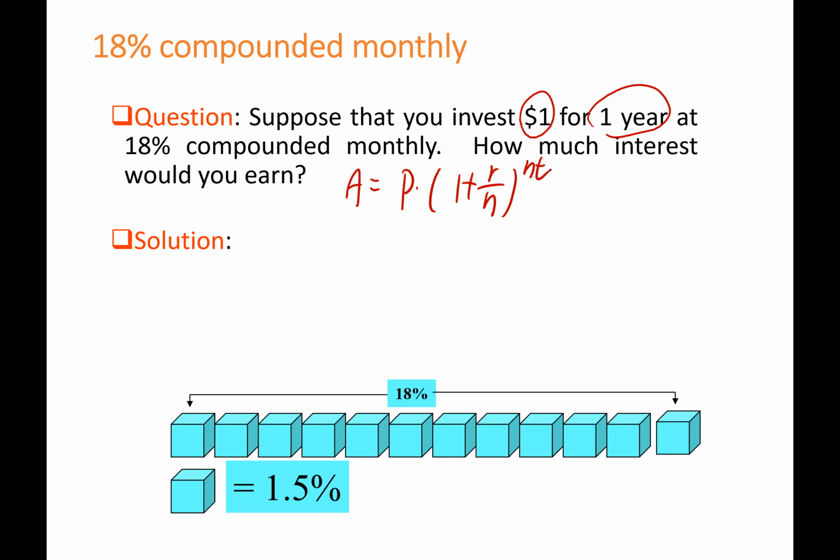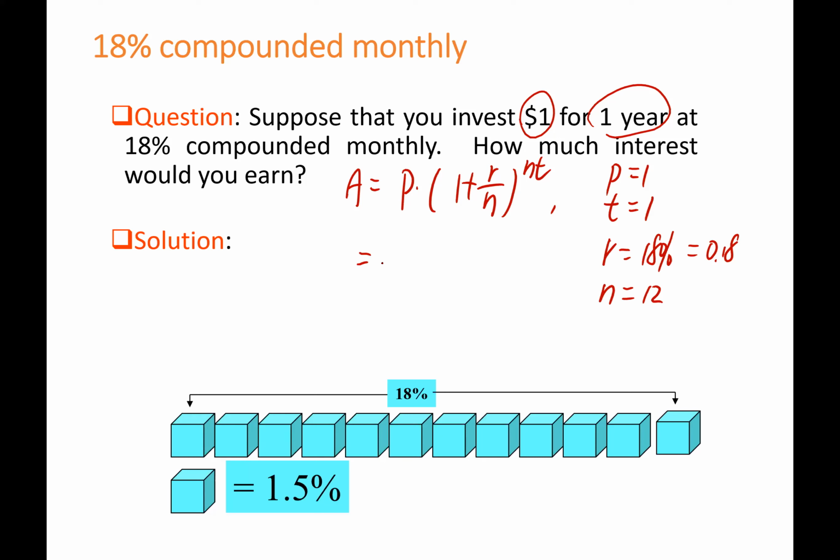Using the compound interest formula, P is $1, time t equals 1, and the rate is 18%, which is 0.18. Then N equals 12, since it's compounding monthly. Now we plug all of these into the formula.